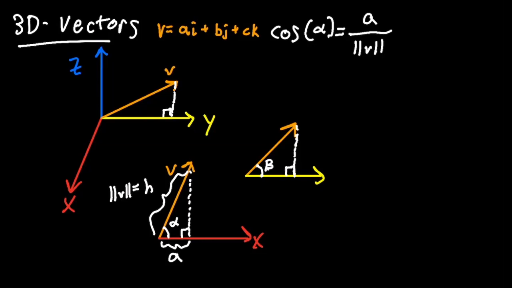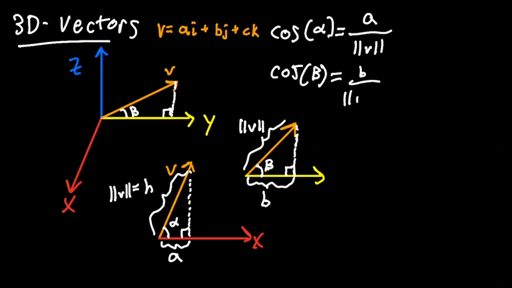So we're looking at beta, which is this angle here. To find beta, we can use right triangle trigonometry again. Cosine of beta is equal to, and again, this is the y component, so b, and this vector here is v, so the hypotenuse is the magnitude of v, b over magnitude of v.